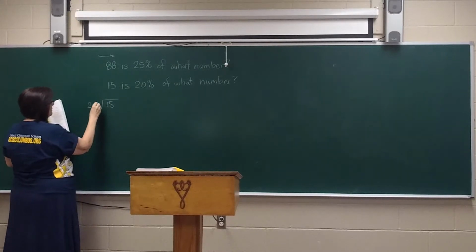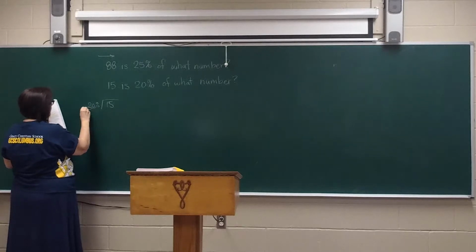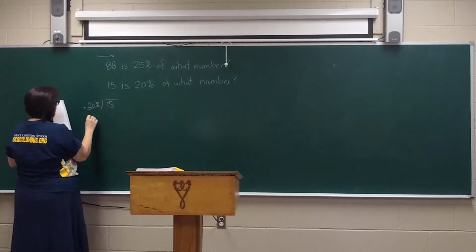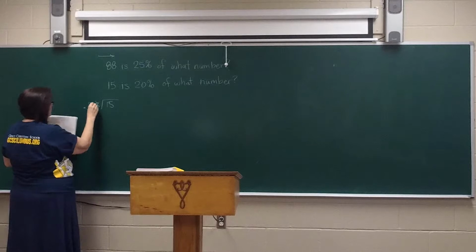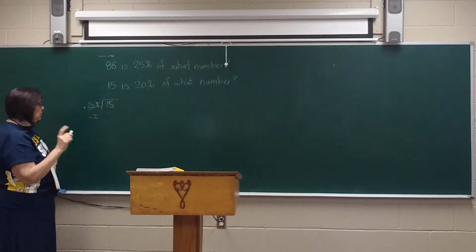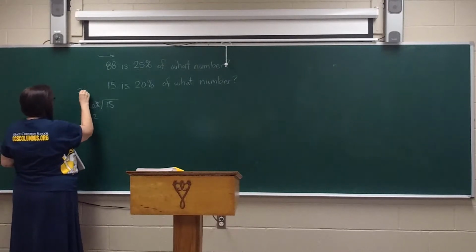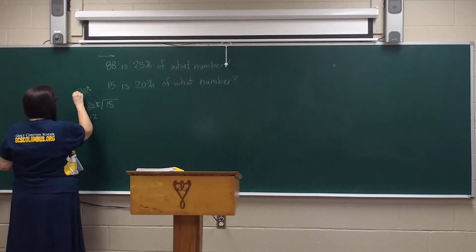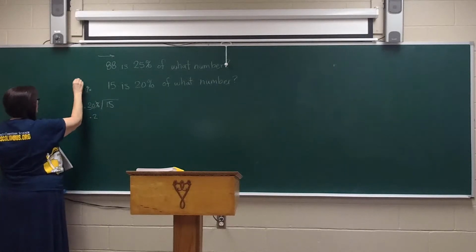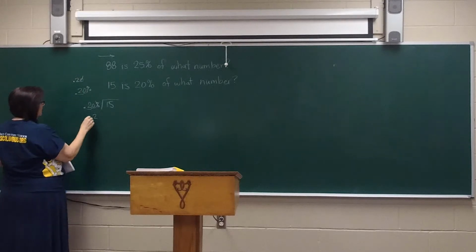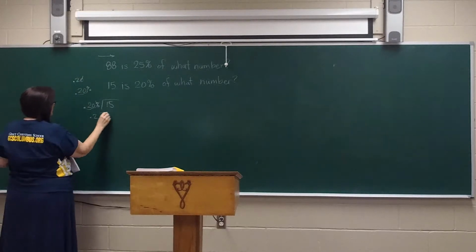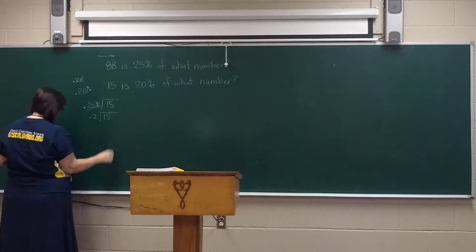Now, if you do it this way, make sure you know that you move your decimal over and get rid of the percent sign, so you end up with 0.2. And do we show the 0? No. When you get 20%, move it over twice, it would be 0.20. But you don't want to show that 0 when you get ready to do your math. You want to leave it as 0.2 divided into 15. Okay?